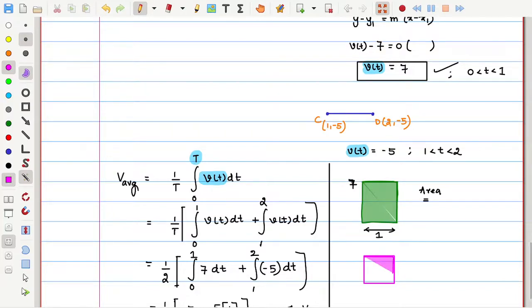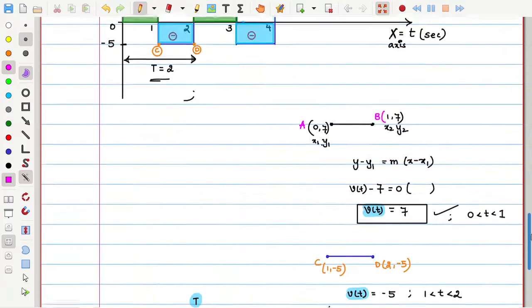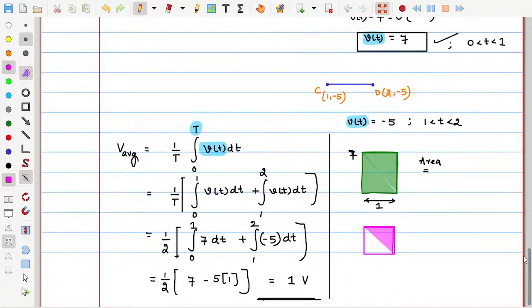For the other side also we will have, did I use pink color? No, blue color. So let me use blue color. For the next 1 to 2 seconds, I should represent it at this location, 1 to 2, and this height is from 0 to minus 5.